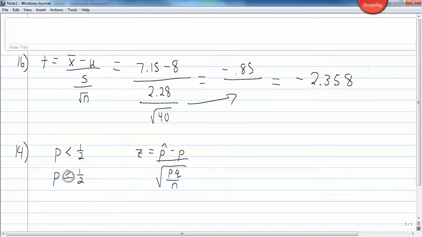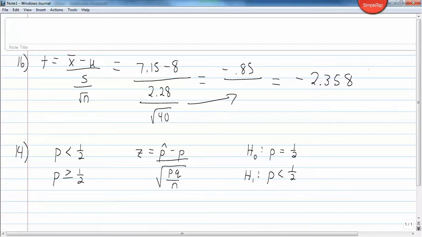Now the one that has equality is the null hypothesis. So the null hypothesis is p equals 1/2. And the alternate hypothesis is p is less than 1/2. The one that has equality, you make it equals. The other one will be your alternate hypothesis.